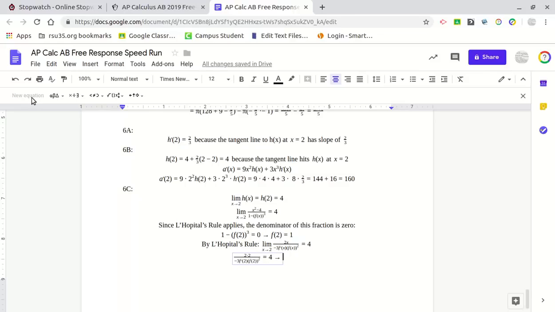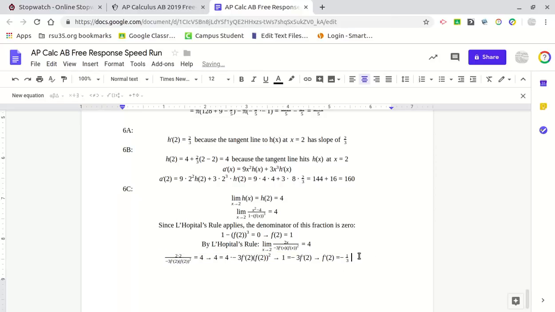So multiply both sides by the denominator. 4 equals 4 times negative 3 f prime of 2 f of 2 squared. Divide both sides by 4, you get 1 equals negative 3 f prime of 2 times f of 2 squared. F of 2 is 1, because I found that before, so f of 2 squared can just be ignored, so it's negative 3 f prime of 2 times 1. Divide both sides by negative 3, and f prime of 2 is negative 1/3.